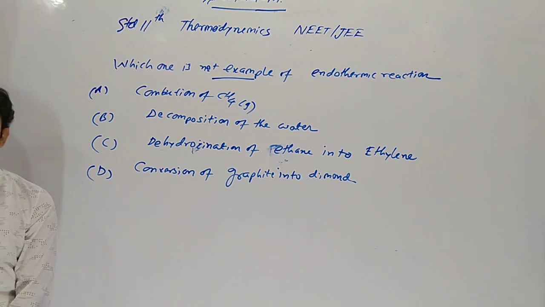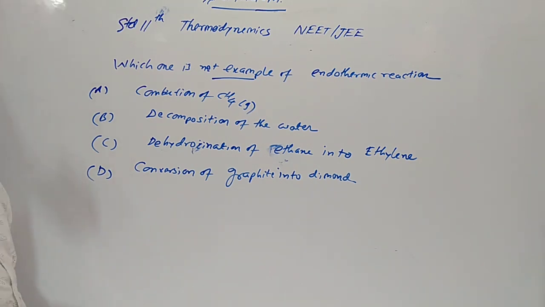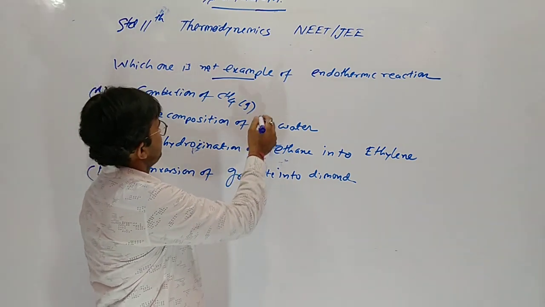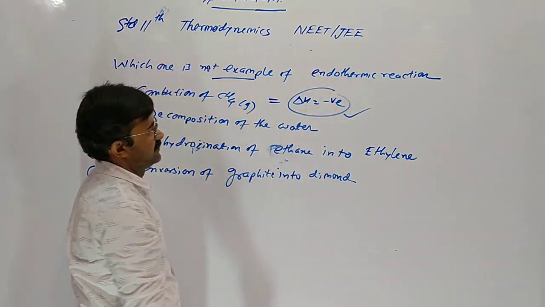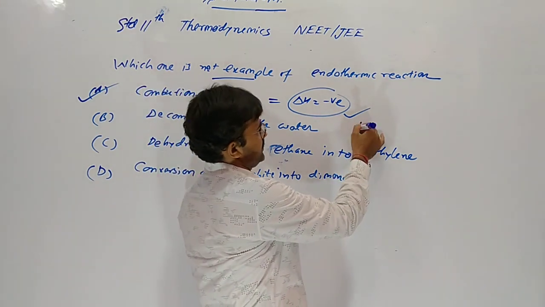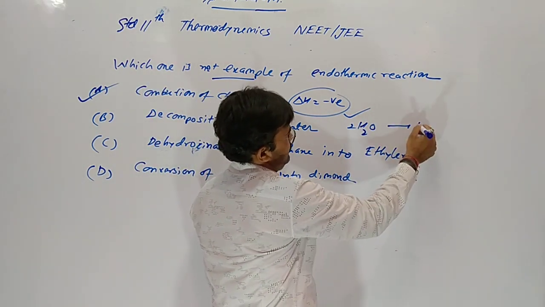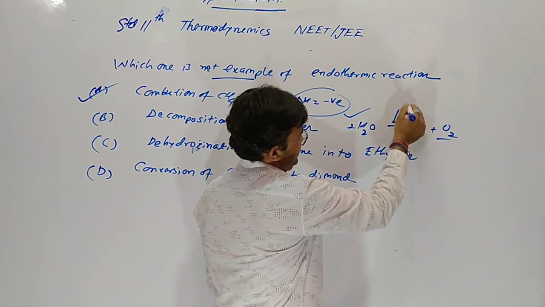Endothermic means heat absorbing. Heat absorb करतो हो तेने endothermic कहेवाय. So combustion reaction always releases heat. So it is exothermic. So first one is our answer. Decomposition of water. When we decompose water, so heat is needed.